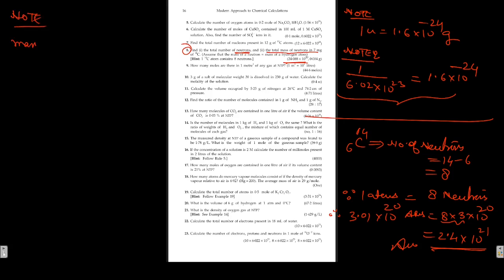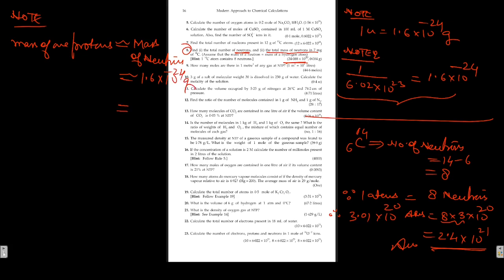Mass of one proton is approximately equal to mass of one neutron, and it is approximately equal to 1.6 into 10 to the power minus 24 gram.